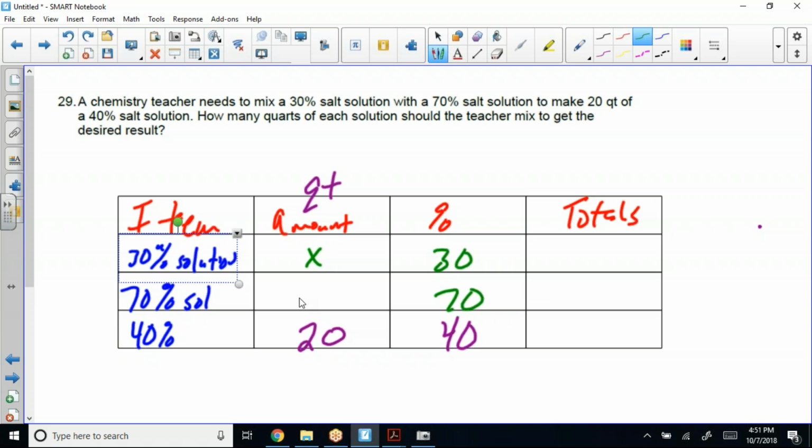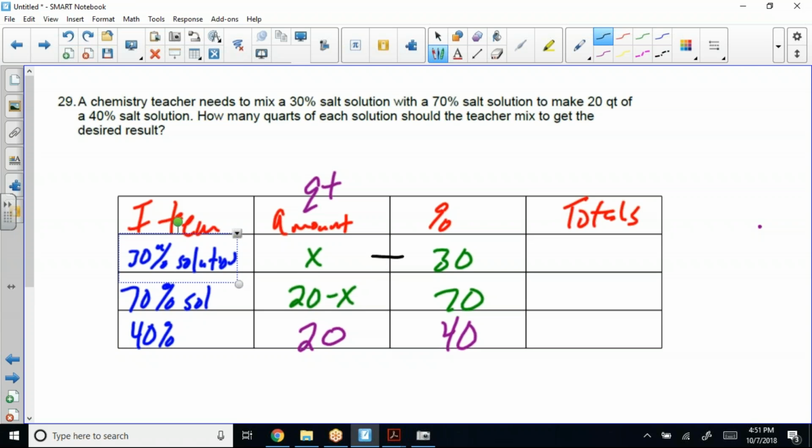Well, we're going to say X, and then 20 minus X, okay? When we find X, that'll give me how much of the 30% solution, and then 20 minus that gives me the 70.